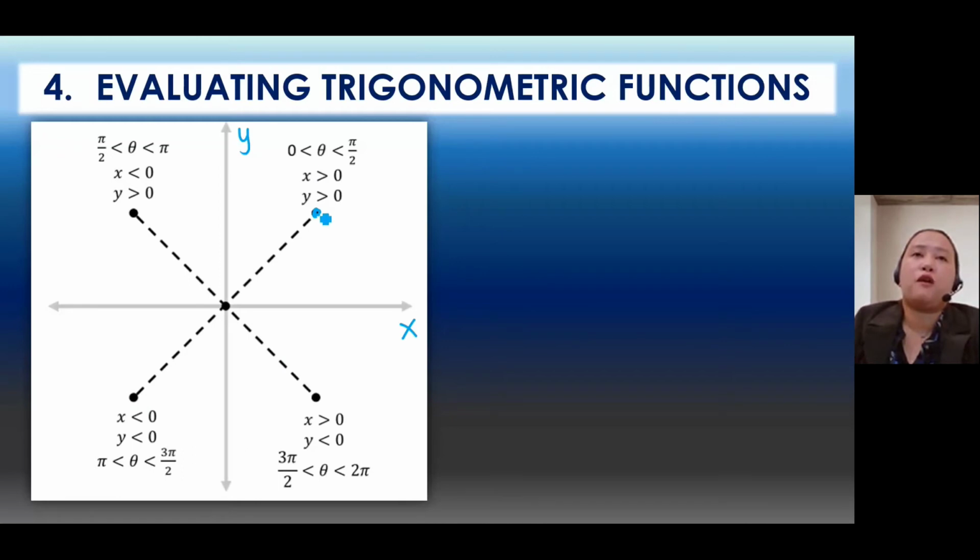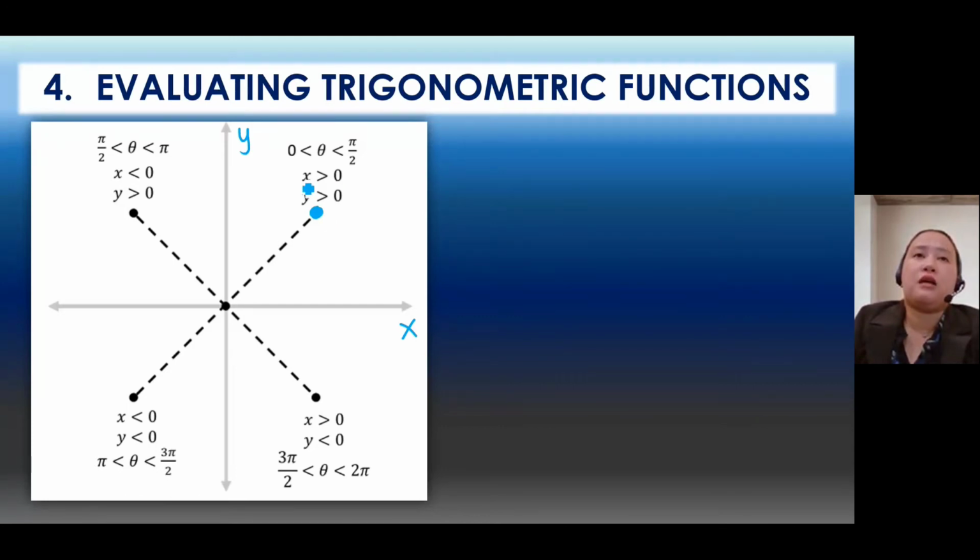If there is a point on the first quadrant, remember, we are considering the angle and then the trigonometric functions. This point has the coordinates x and y. When it comes to the sign, x is positive, y is also positive.